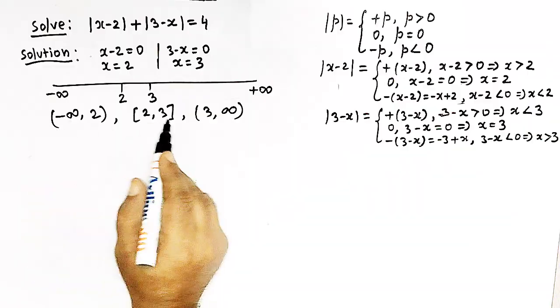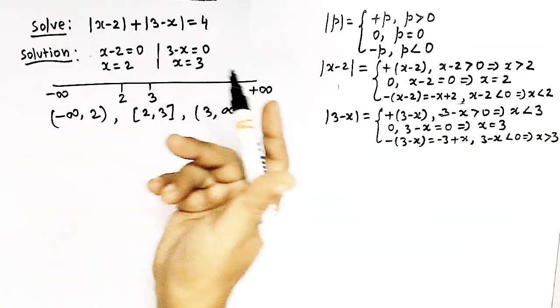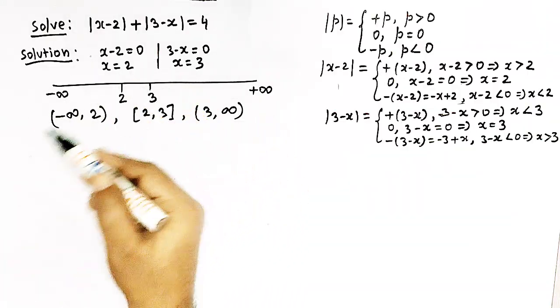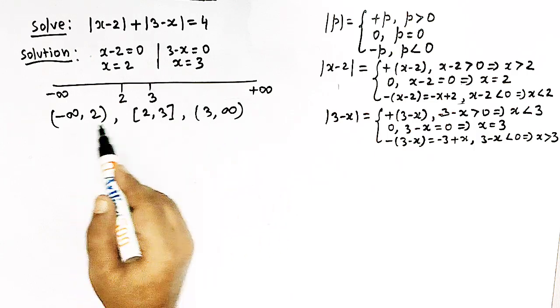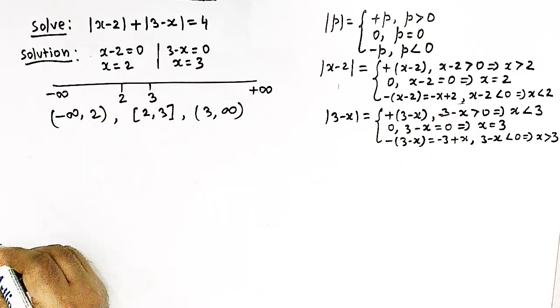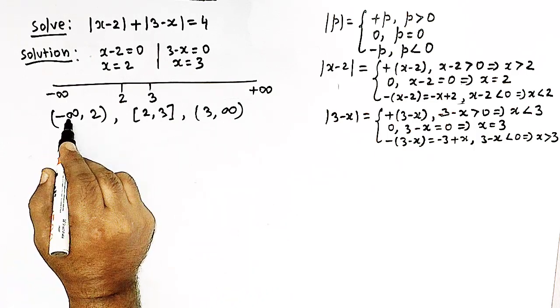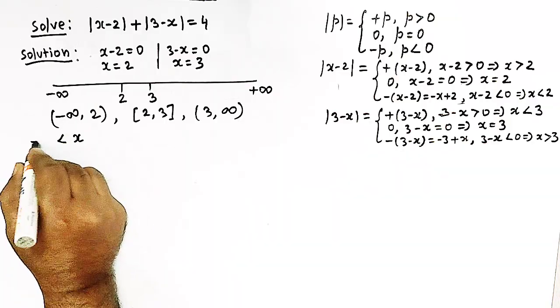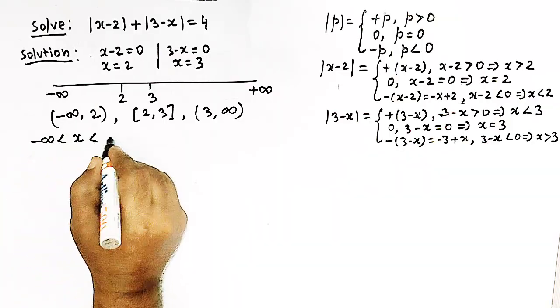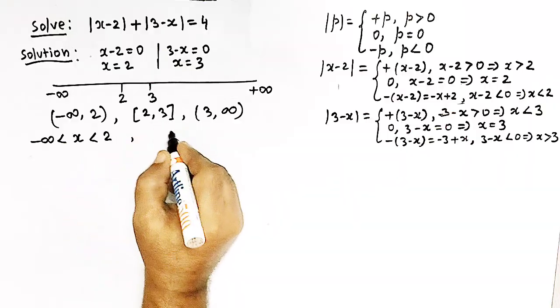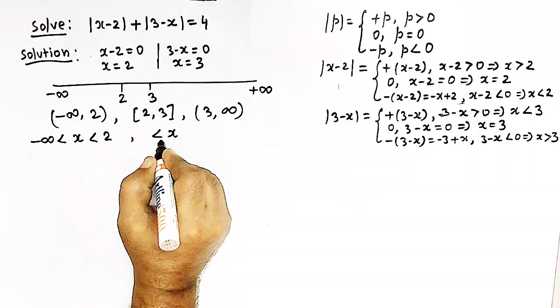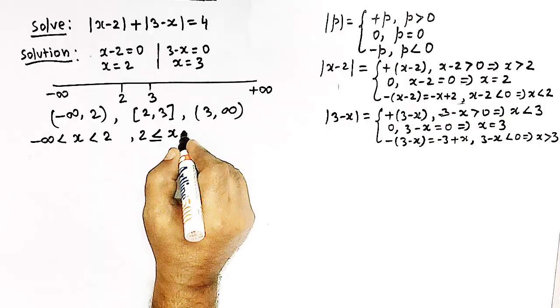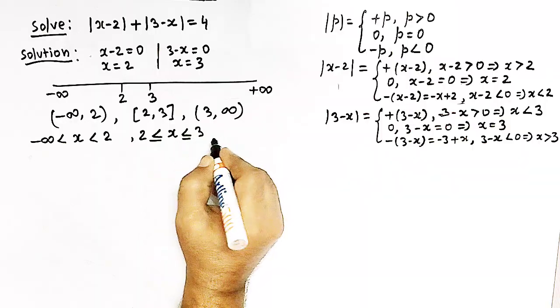So now here we'll discuss the values of x, or the nature of x in these three intervals, right? So let us first take this interval. So here we can take x greater than minus infinity but less than 2. In this case, we'll take x greater than or equal to 2 but less than or equal to 3.